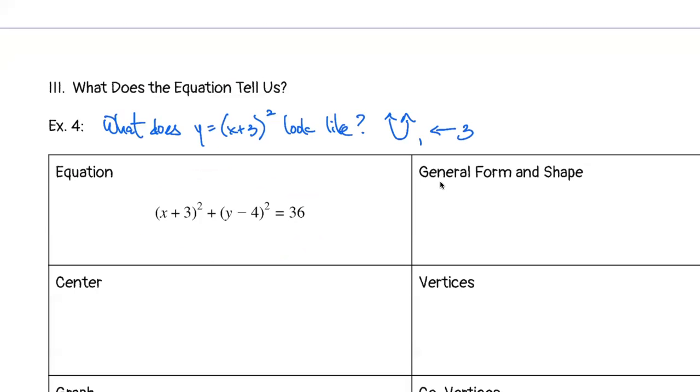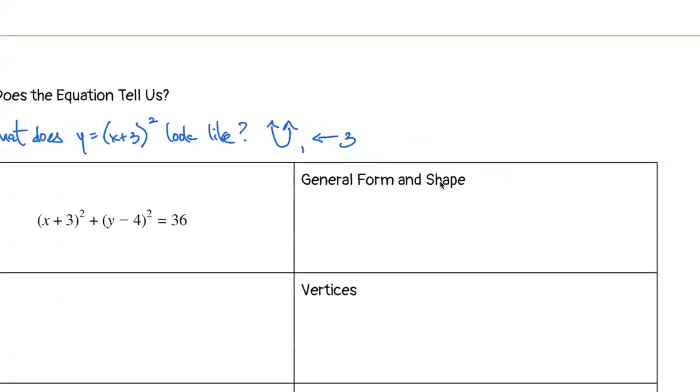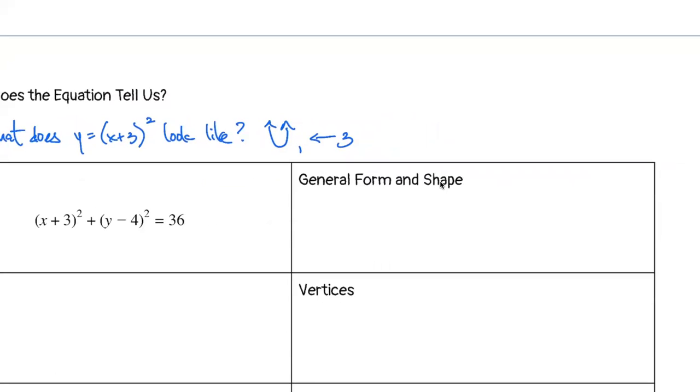So now Dallas is correct in the sense that this whole equation, the general form of that one and shape is a circle. Okay. And so over here in this box to the right, we're going to write that it is a circle.